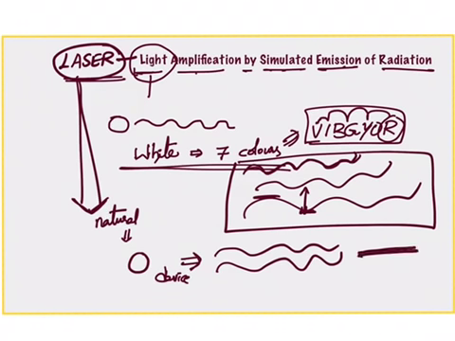A smaller narrow wave can be created and transmitted through longer distances. And the device that is used to create this artificial light towards a particular direction is known as laser technique and laser device.